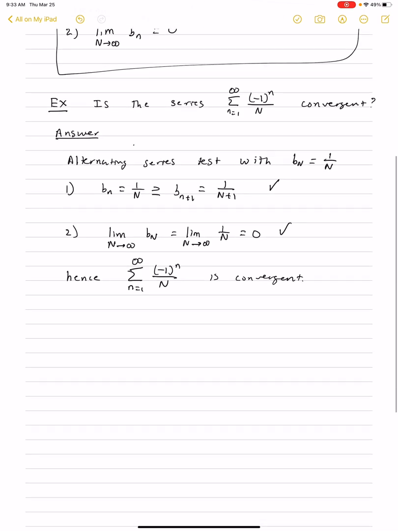Now I want to give you another definition, and this comes later, this concept, but it's this idea of absolute convergence.